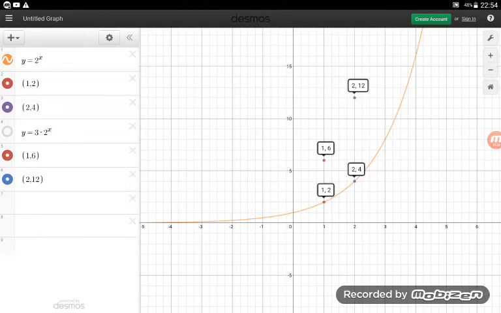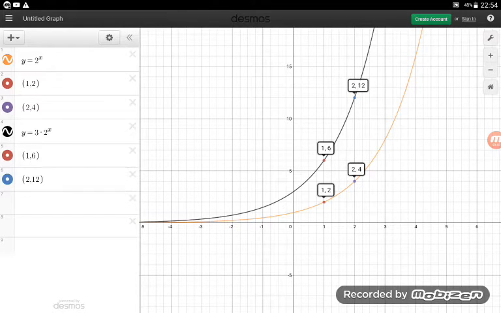So if we carry out the transformations on the points correctly, when I show the graph, I hope it's going to pass through those 2 points. And it does. So this is a vertical stretch. Okay, this is a vertical stretch.